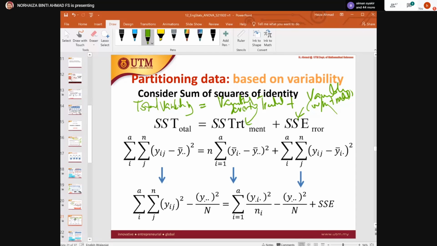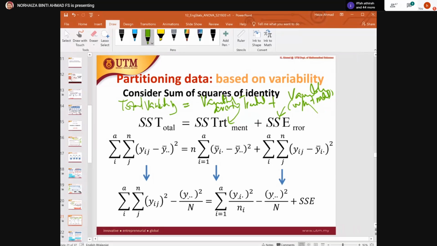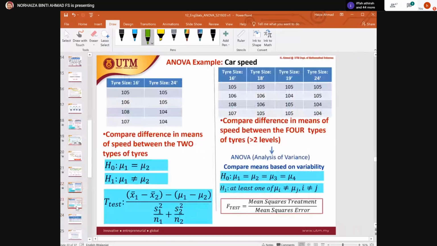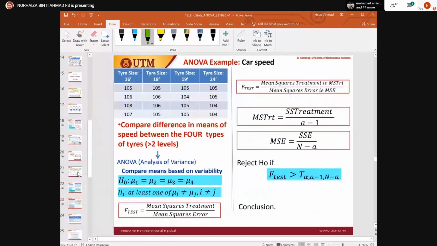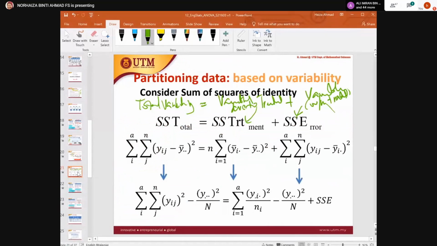This formula is in your statistics table, page 4. Okay, in your stats table. So what we're going to do, we're going to calculate this bit, and this bit.